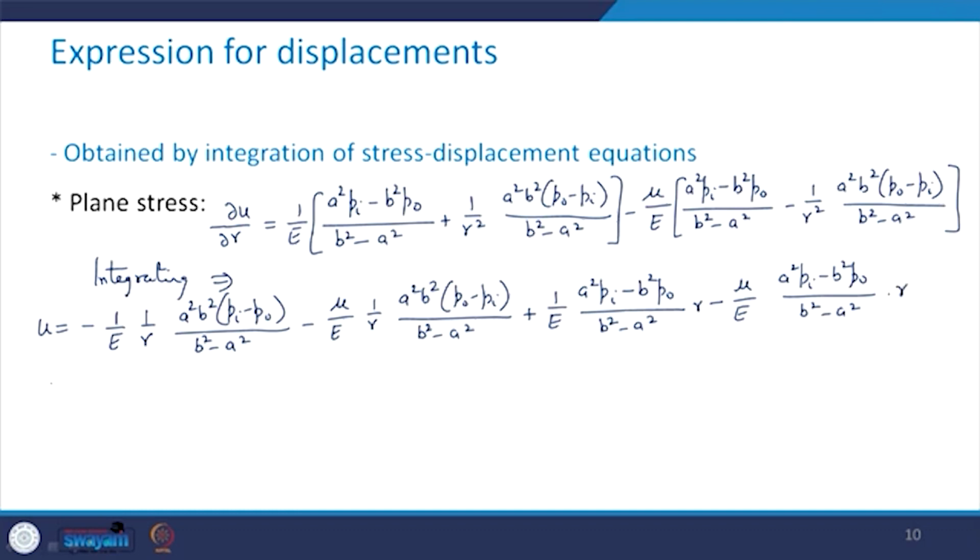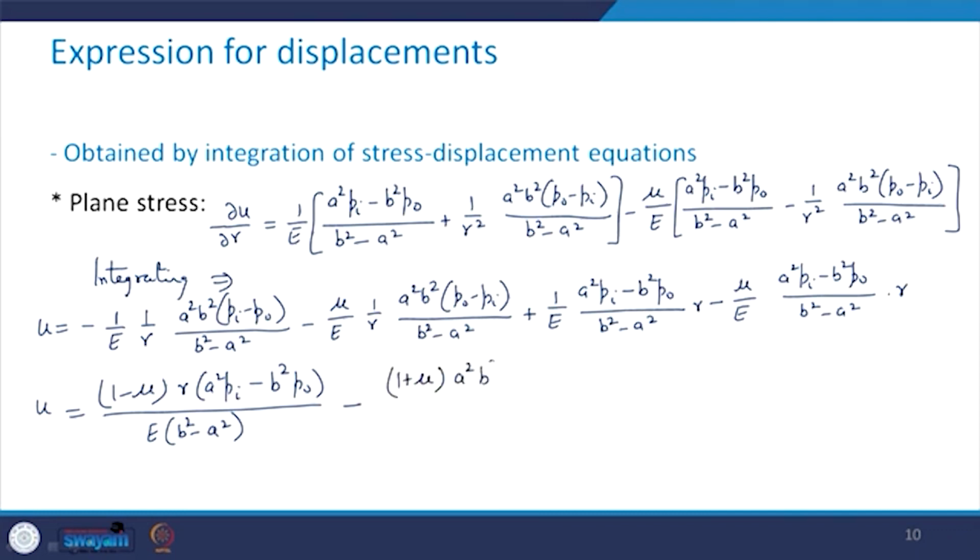Just solve this and you will get this expression in this form: (1 minus mu) r (a square pi minus b square p naught) divided by E times (b square minus a square) minus (1 plus mu) a square b square (p naught minus pi) divided by E times (b square minus a square) into r. This is going to be equation number 12.